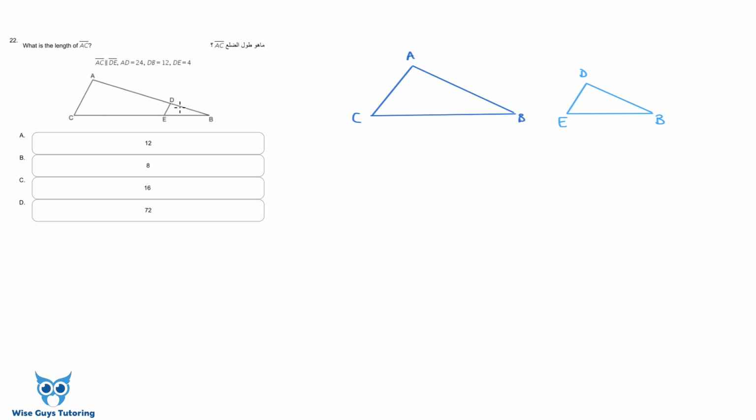So all I've done is I've sort of split them, this is the little one and that's the big one. So I've just kind of split them apart so we can see them a little bit better. So let's put some of this information down. So we know that AD is 24. Well, AD, I can only put it over here. So this is 24.